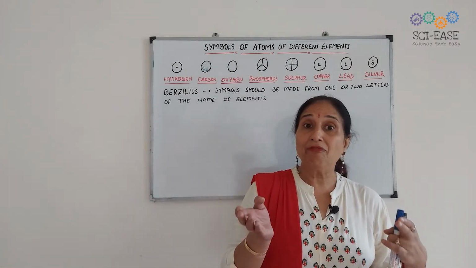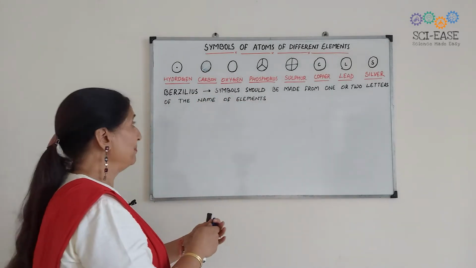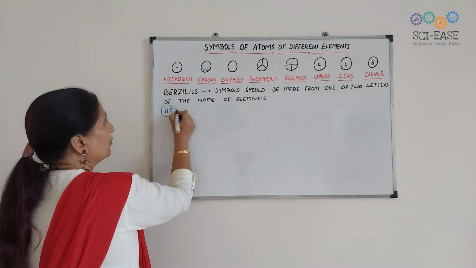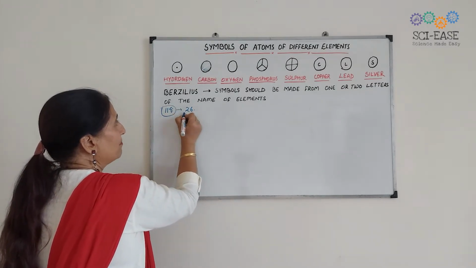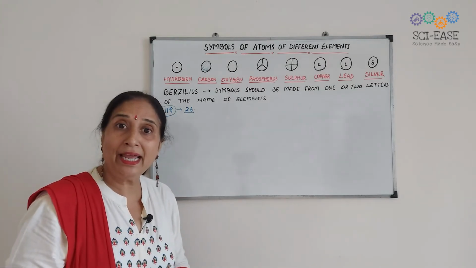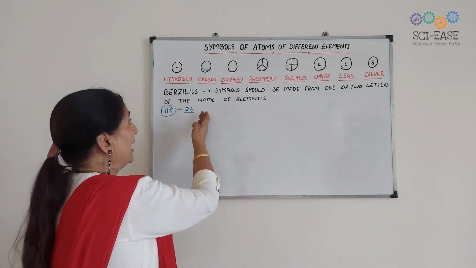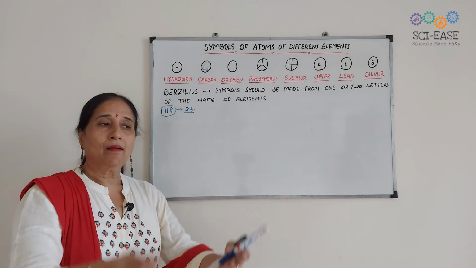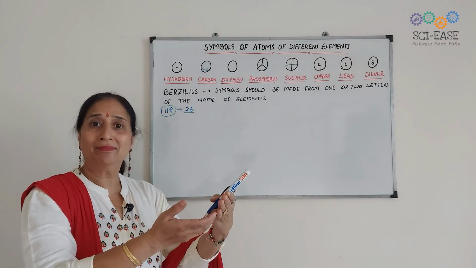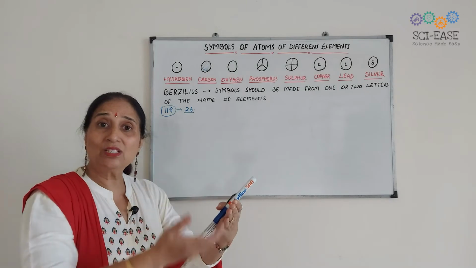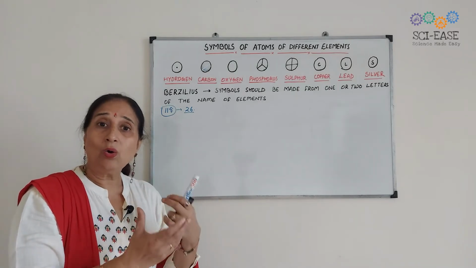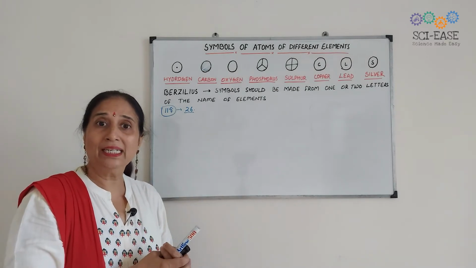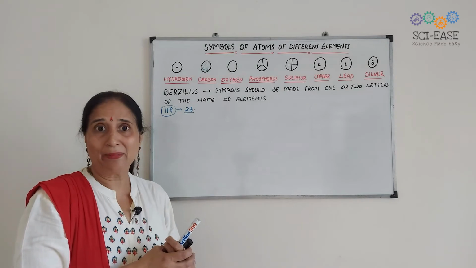You know that we have 118 elements in the periodic table, and in English we have only 26 alphabets. So we can't name the element with its starting letter only. Some elements like copper, chlorine, chromium all start with C. How can we give the starting letter only to these elements?